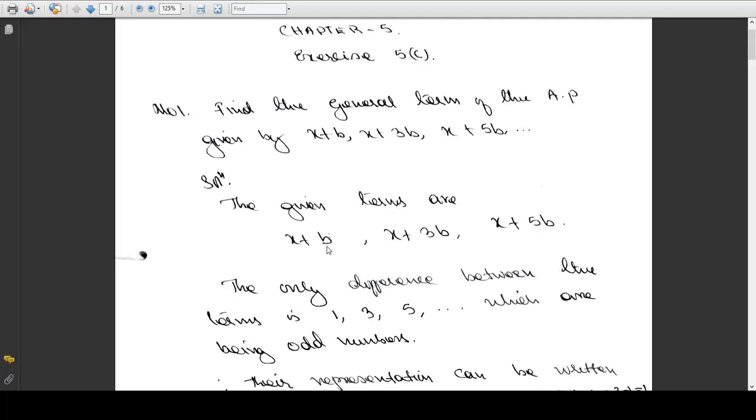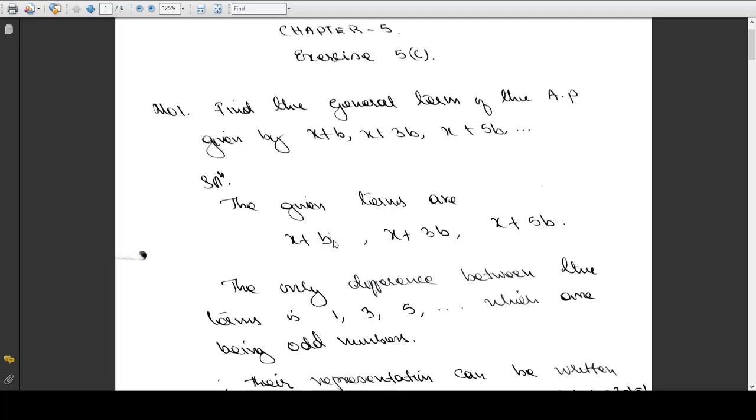What can you find out about the difference between these three given terms here? Here x is the same, plus is the same, b, here 3b, here 5b. That means here b is 1, the next is 3, the next is 5, for the fourth term it will be 7, next will be 9, 11, and so on.